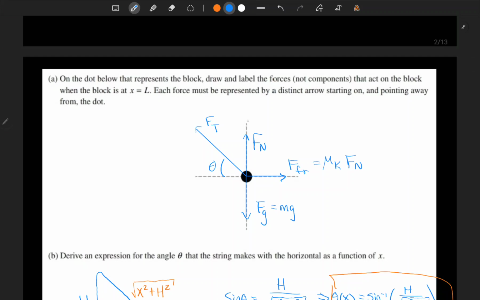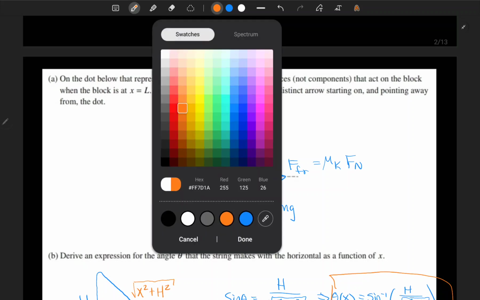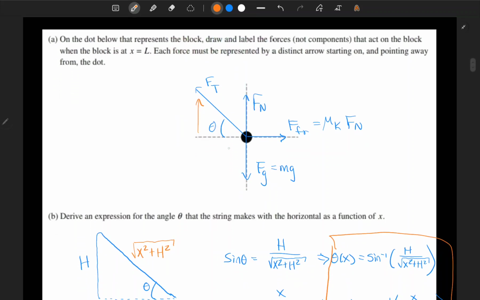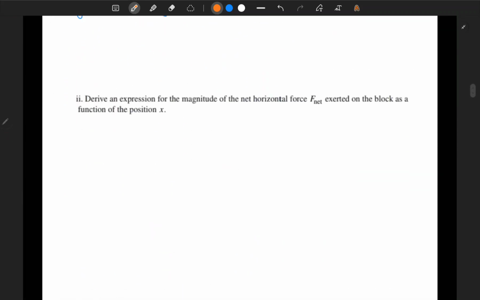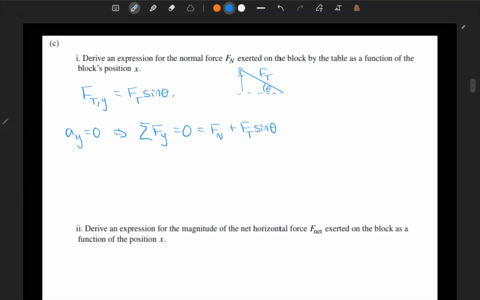We have the normal force pointing up and the y component of the tension force also pointing up. Then we have gravity pointing down. So we subtract the contribution to the force given by gravity, so we have minus mg. And this sum should be equal to 0.